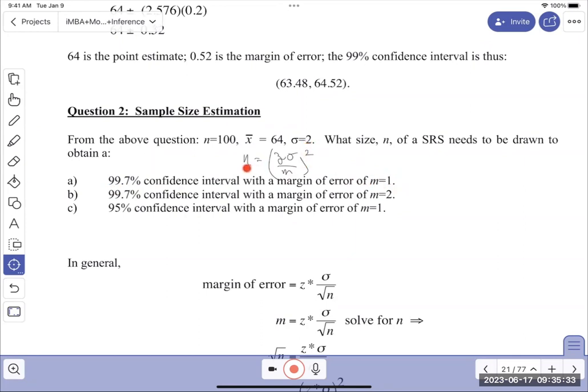Now, without getting the number right off the bat, if you use the same confidence level, but use a larger margin of error, what happens to your sample size? Is it higher or lower than A?